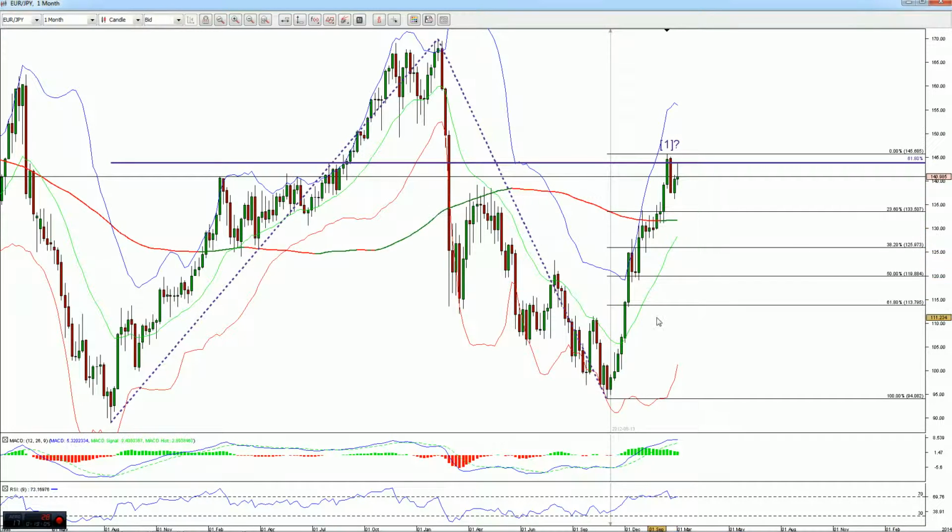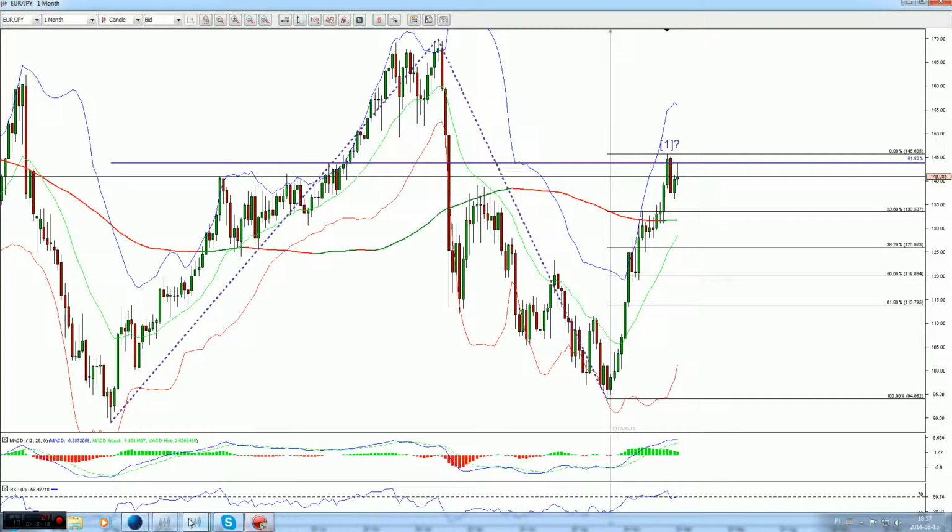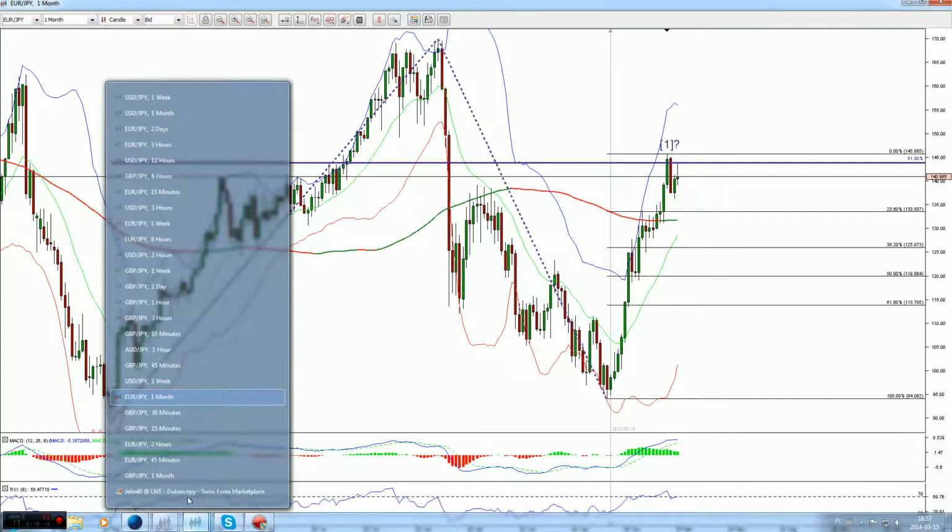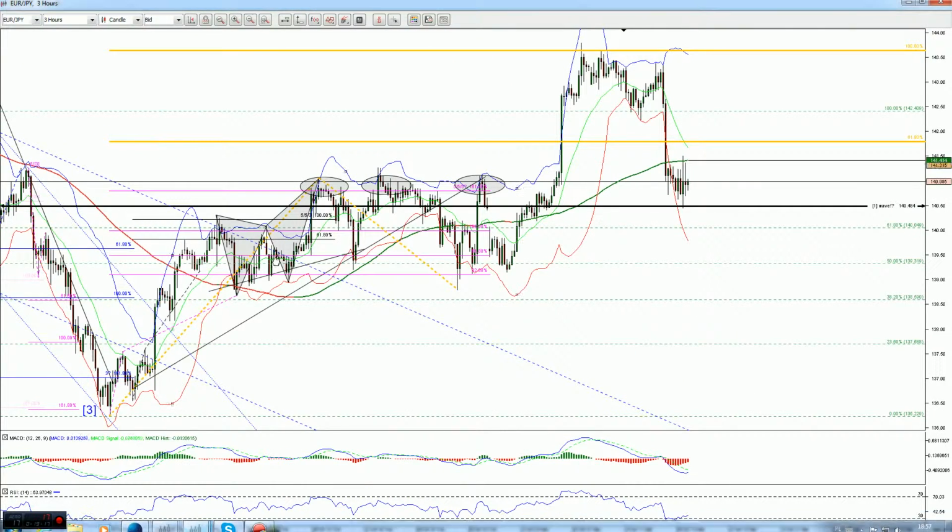So a deeper correction, this will meet the Bollinger Middle Band. So it may take a stronger move to the downside, but this is not that sure yet, especially because of this move to the upside. It looks like an impulse to the upside, so this could be a correction and then another move to the upside, unfortunately.